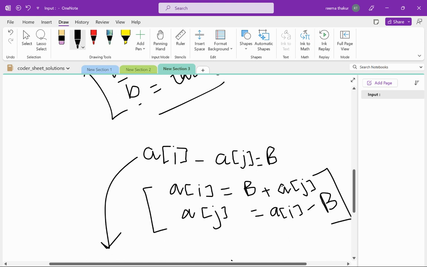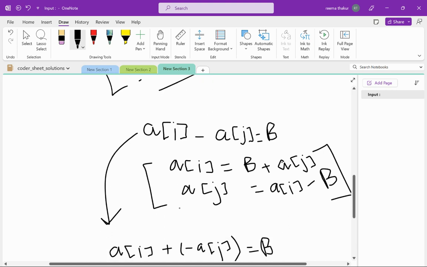So similarly, in this particular question, we have been given that A[i] minus A[j] is equal to B, right? So, can I say that A[i] can be derived as A[j] plus B, since the negative sign goes to the right-hand side and becomes plus? I hope I don't have to teach you the basic maths, but still.